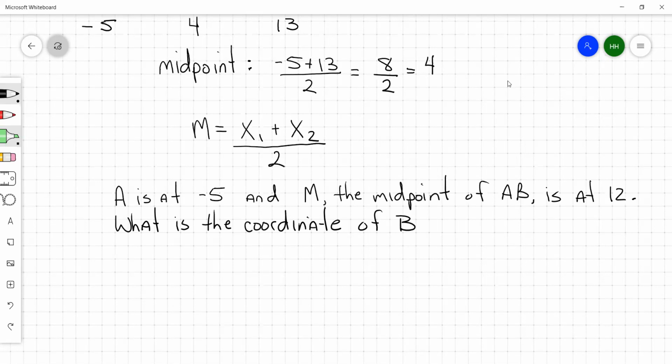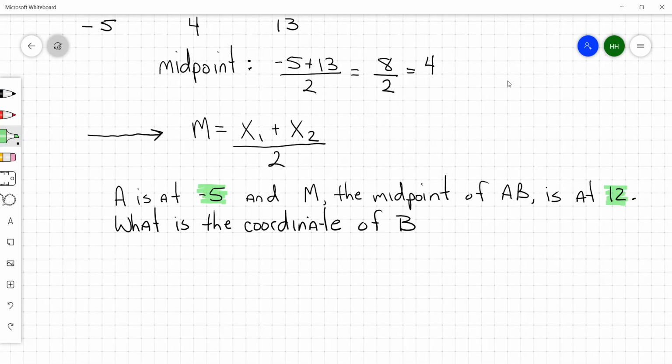So we go back to this formula. And now we're given the M and we're given the X sub 1. A is your X sub 1. M is your midpoint. You need to find the other coordinate, right?